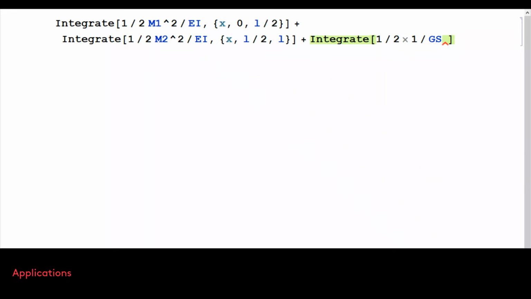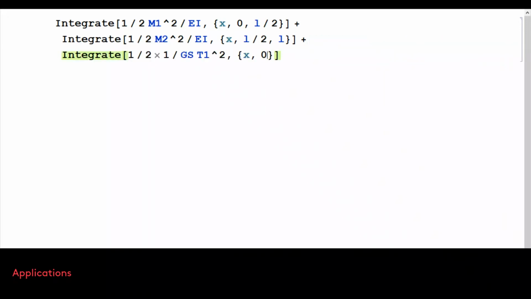So 1 over GS, 1 over 2, that is T1 square. Fine. Do I have something else? No. Now the bounds for the integral is from x equal to 0 to L divided by 2.